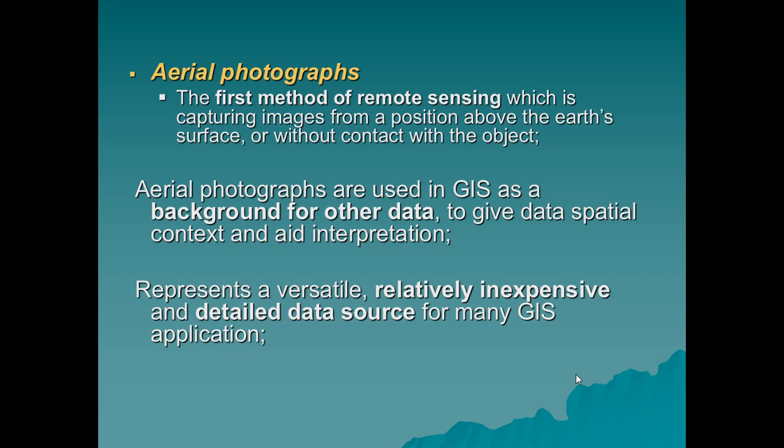Aerial photos are those photos that we get of the Earth's landscape that would be captured from planes that fly the length and breadth of the country overhead at a certain elevation with cameras mounted on it. These aerial photos can provide background data for GIS, or base information where you can overlay other information types on it. This was the first method of remote sensing.